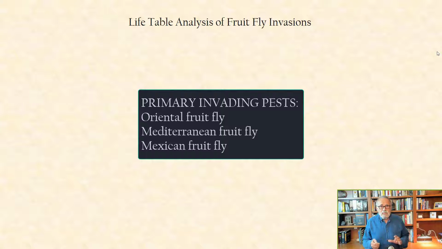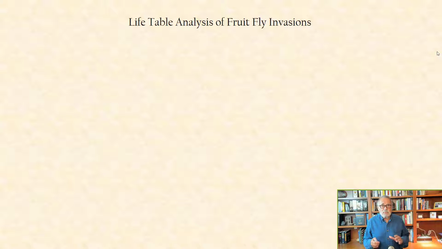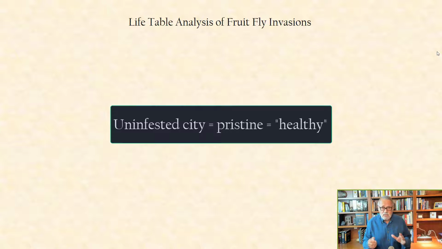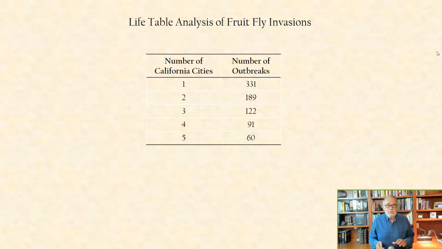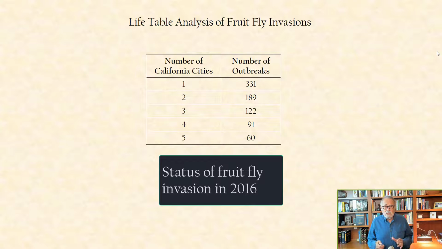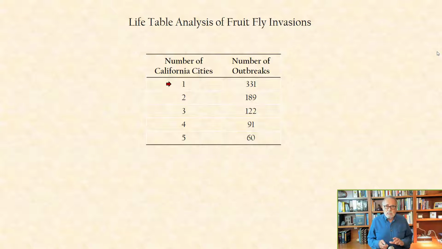The fruit fly invasion problem is approached by considering California cities as a cohort of pristine, that is, healthy individuals, subject to the risk of experiencing a fruit fly outbreak, that is, transitioning to the first of several unhealthy states. In 1950, no city in California had experienced any fruit fly outbreaks. However, by 2016, a total of 331 of the 478 cities in the state had experienced at least one outbreak.